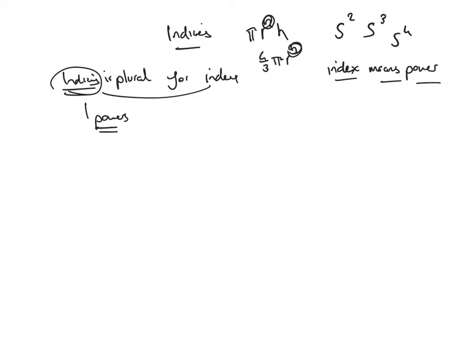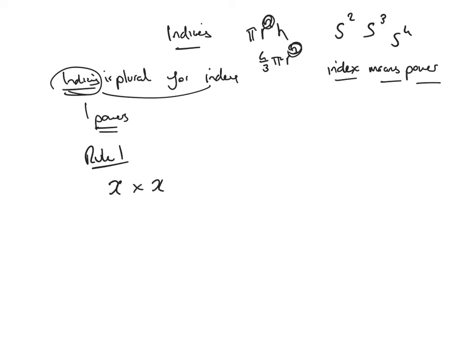Now, there's different rules that we can attach to indices and powers. Let's look at rule 1. So let's take this down and establish a rule 1. Now let's prove rule 1 to get going.